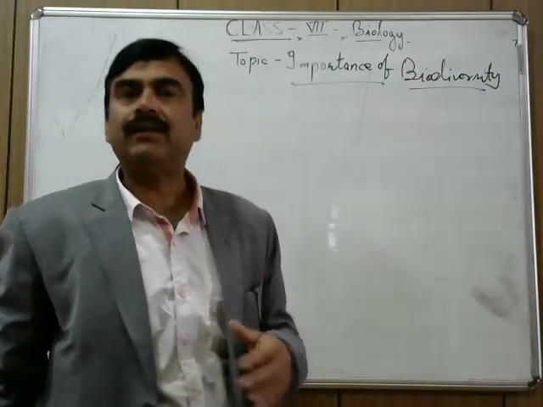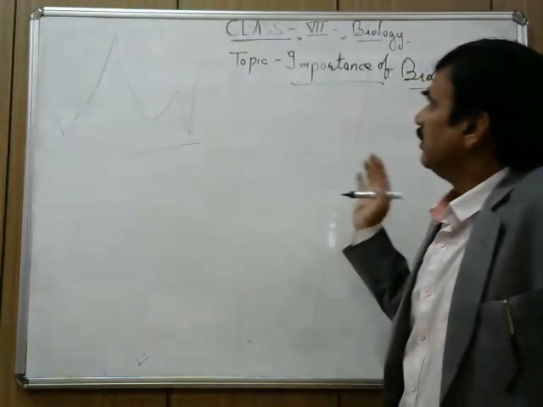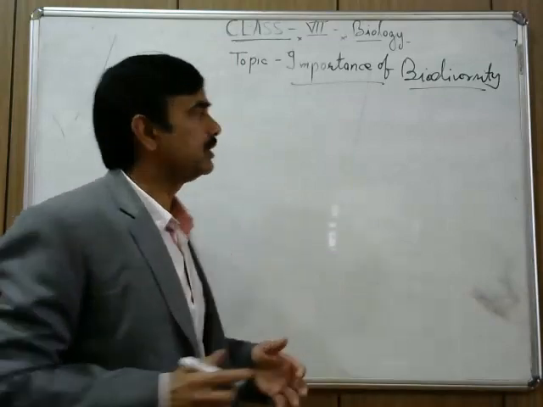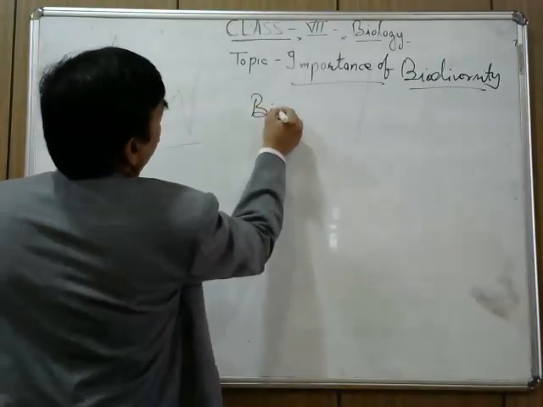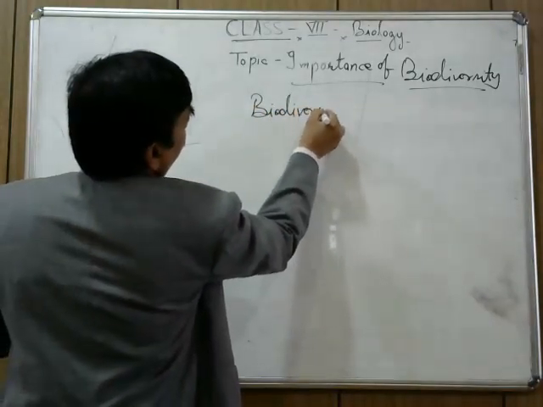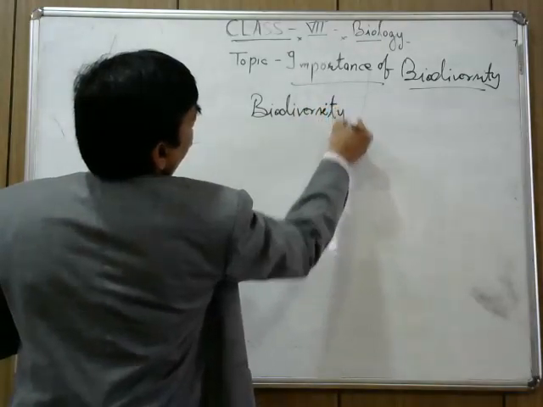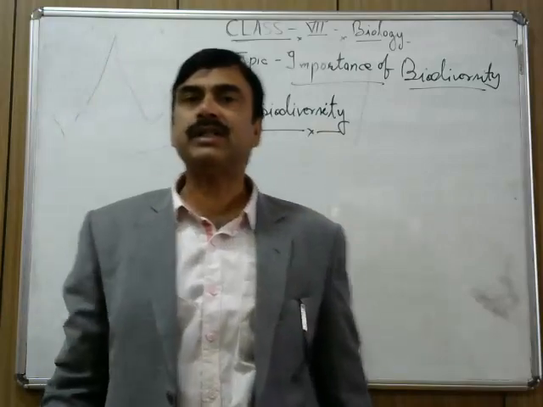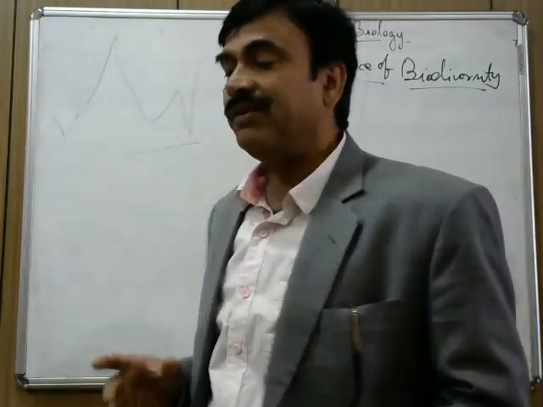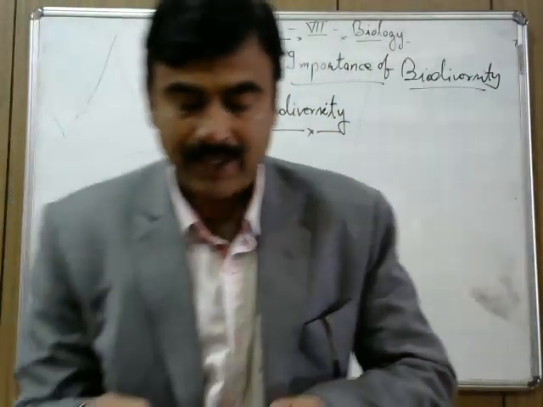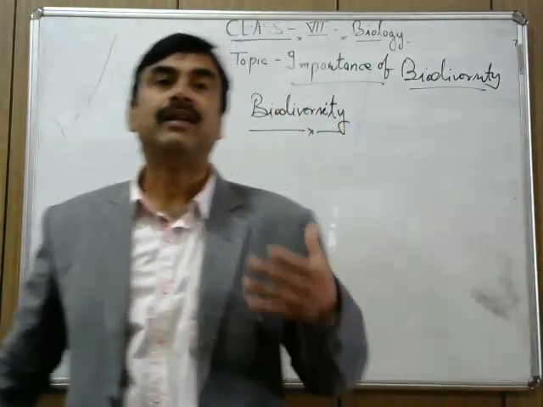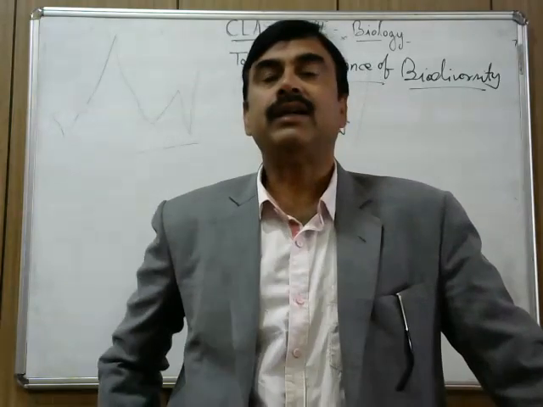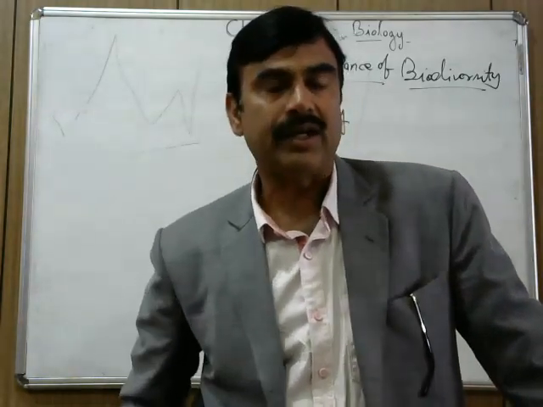So when you look at the importance of biodiversity, again I am going to take you back towards biodiversity. As you know, biodiversity explains the variety of plants and animals. In biodiversity, you understand the flora and fauna.